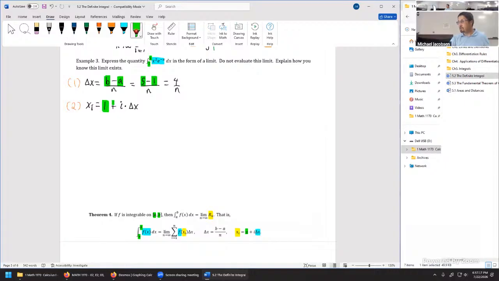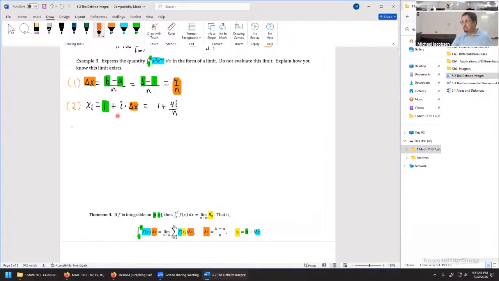So here's our 1, and that means xi is just going to be 1 plus, well, the substitution is delta x is 4 over n, so this would become 4i over n. Let's use that same color coding for delta x. So we make that substitution there. And that's a strong step 2.